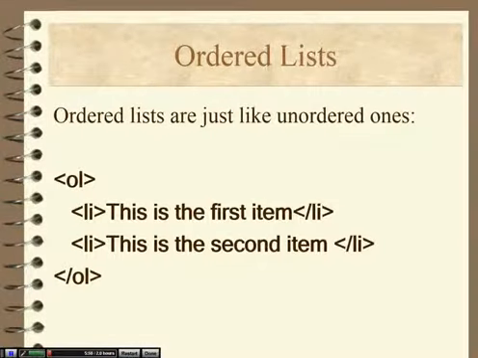The second list is really similar. The only difference between an unordered and an ordered list is the parent tag. So if we look up here, we have OL, ordered list. This is going to be a numbered list. And again, I can use the CSS to control the kind of numbering that I have. So it can be Arabic, letters, and we can actually create sublists.